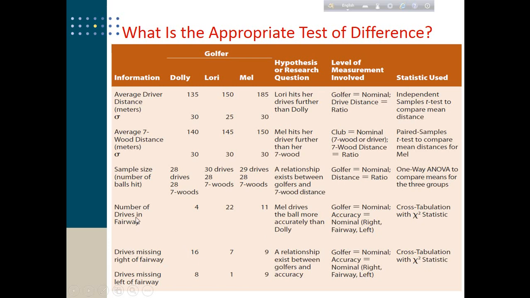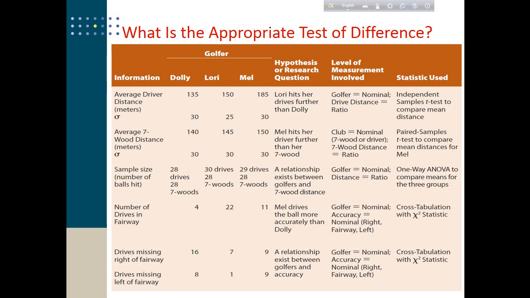Okay. Now, the next one is number of drives in the fairway: 4 for Dolly, 22 for Laurie, and 11 for Mel. Now, the hypothesis is that Mel drives the ball more accurately than Dolly. Carefully look: what is our hypothesis? Mel drives the ball more accurately than Dolly. Now you do not have any interval or ratio variable, like distance.